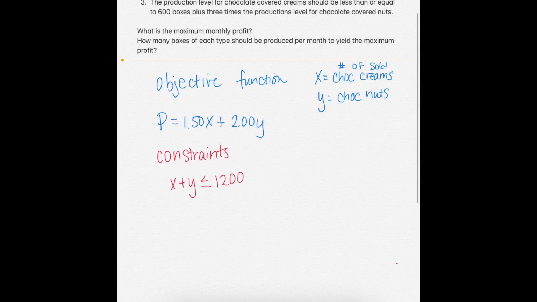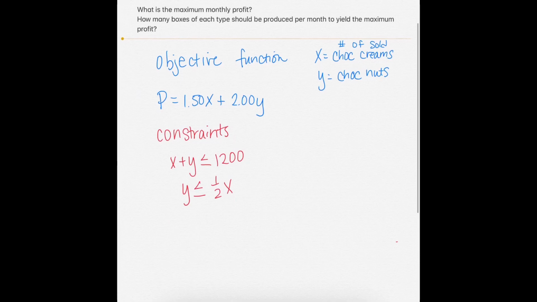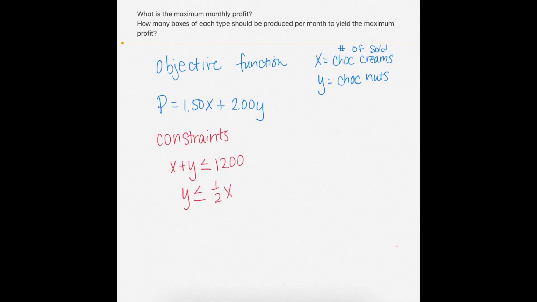All right. Then our next one says the demand for chocolate covered nuts is no more than half the demand for the chocolate covered creams. So the demand for the chocolate nuts, which is Y, is no more than. So that means it is less than, it could be equal to, is no more than, less than or equal to half the demand, half the chocolate covered creams. Okay, and then our last one, the production level for chocolate covered creams should be less than or equal to 600 boxes plus 3 times the production levels for nuts.